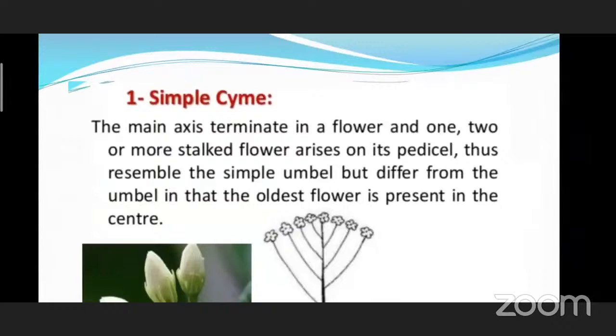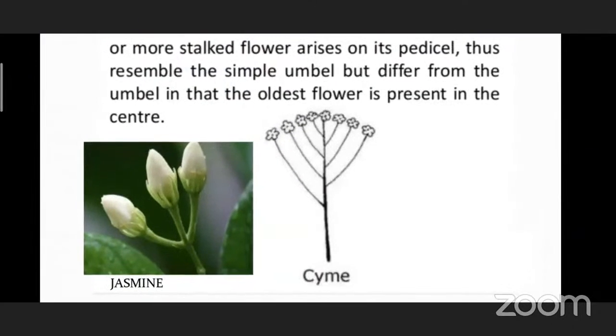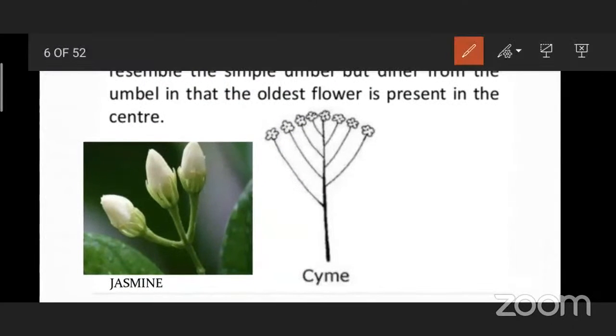See here, this is simple cyme. The main axis terminates into a flower and one, two or more stalked flowers arise on its pedicel. Thus remember, unlike the umbel, the oldest flower is present in the center. Example, jasmine.